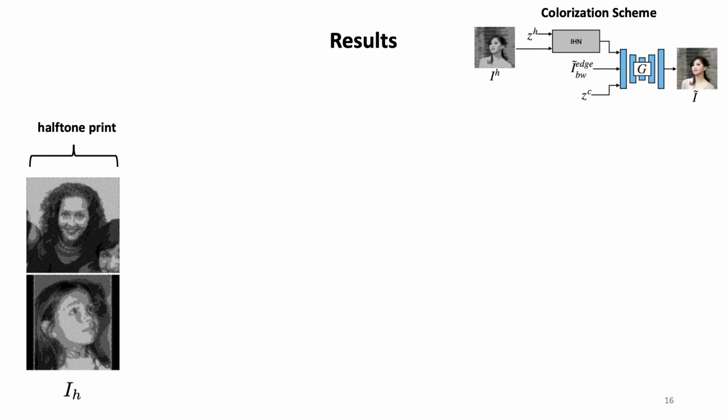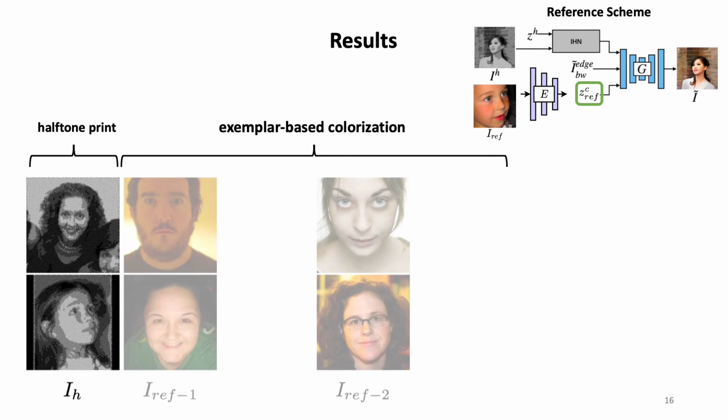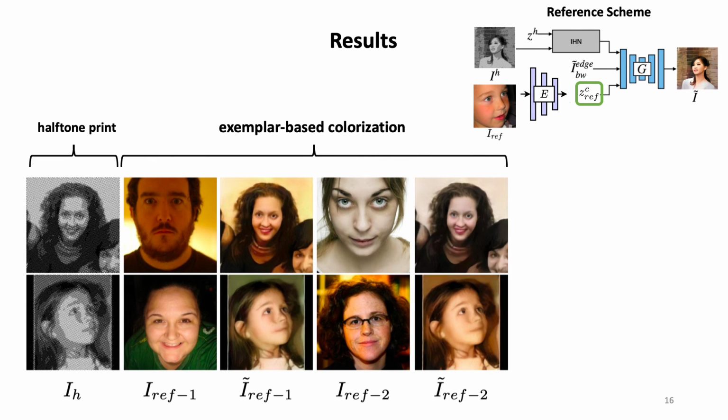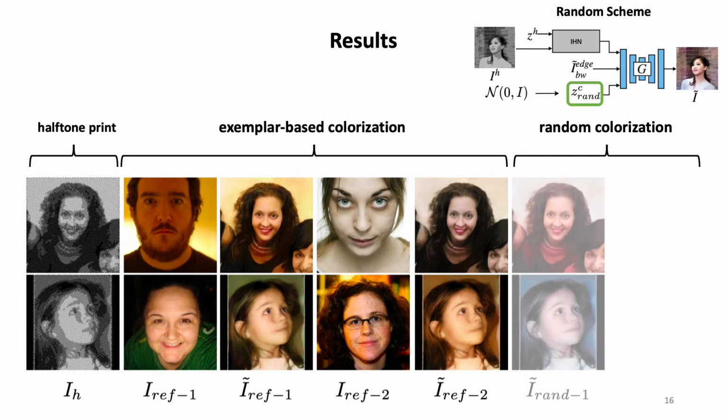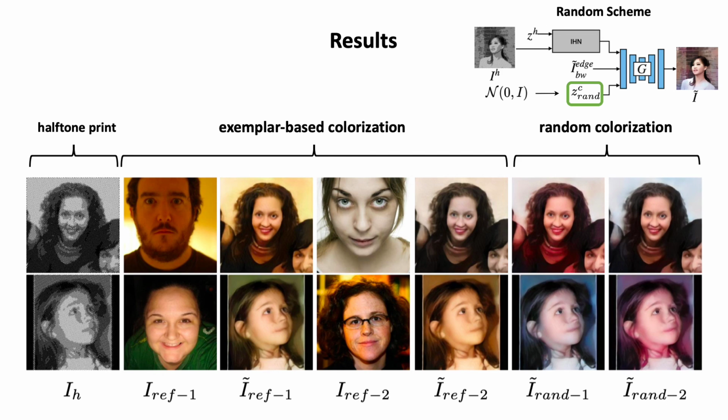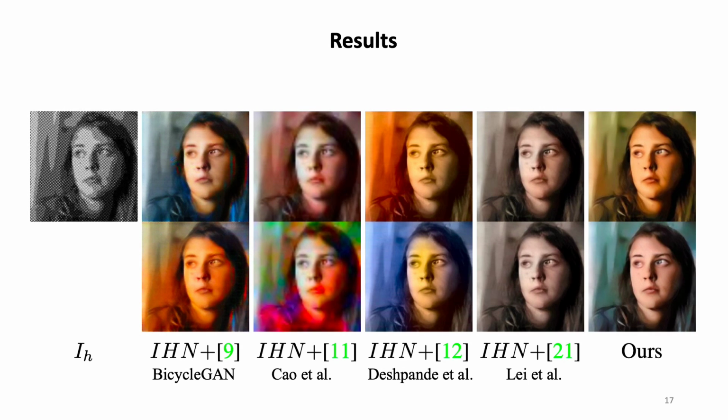Here shows our results of inverse halftone colorization. For exemplar-based colorization, it will produce similar color statistics as the reference image. For random colorization, the color is diverse and plausible. Here comes the comparison between our proposed method and other baselines of cascading our IHN with different colorization models.